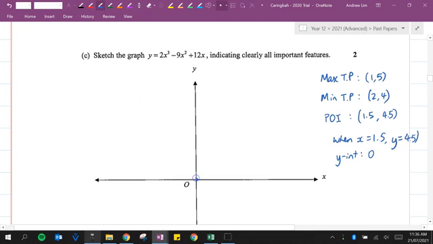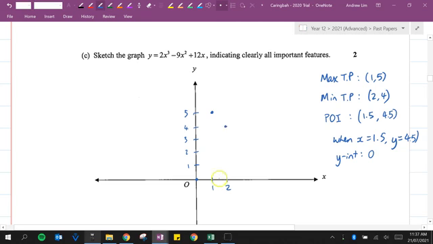Okay, so let's see if we can put all this information in. We've got 1 and 2, and it goes up to 5. So let's say 1, 2, 3, 4, and 5. Maximum turning point at (1, 5). Minimum turning point at (2, 4).